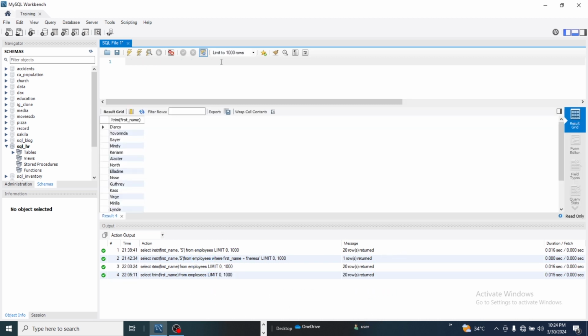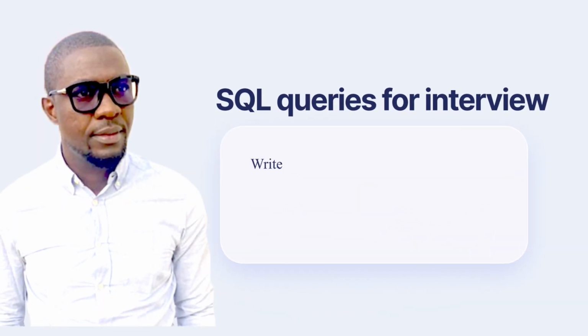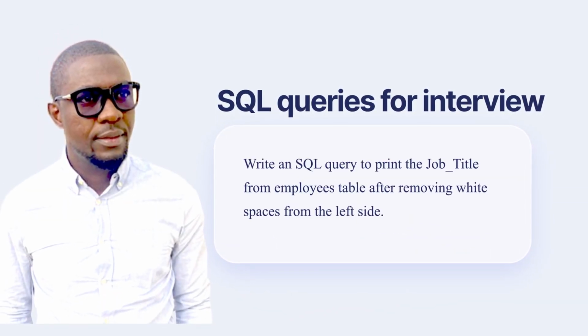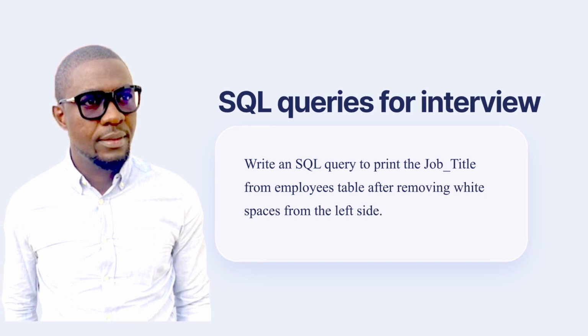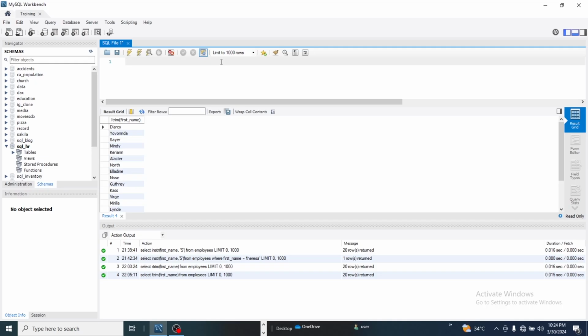So that's it. Let's work on question 7. And this says, write an SQL query to print the job title from employees table after removing white space from the left. Okay, I think we did something similar like this. We removed from the right.